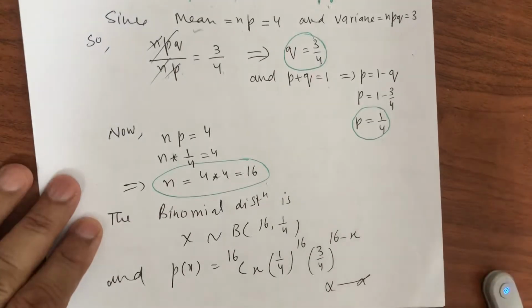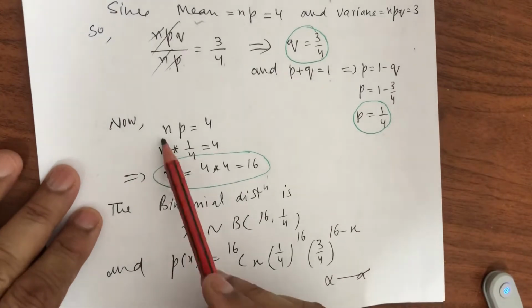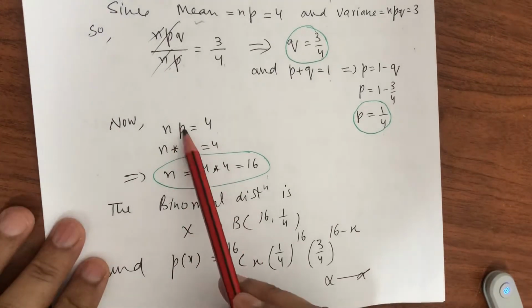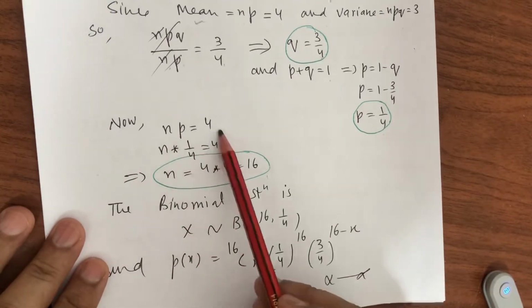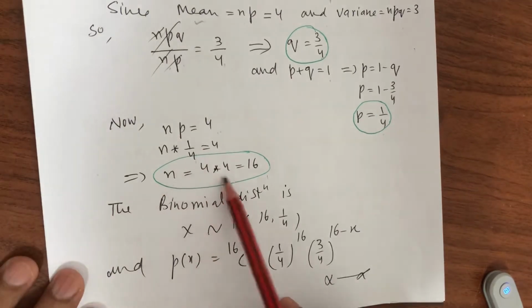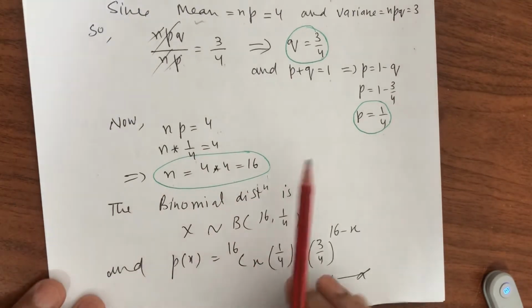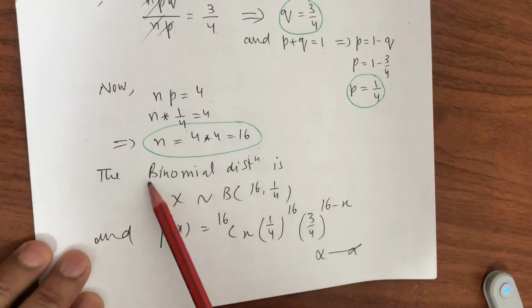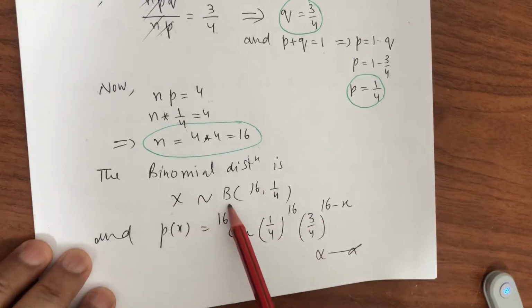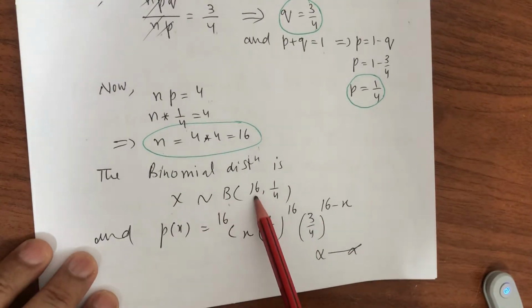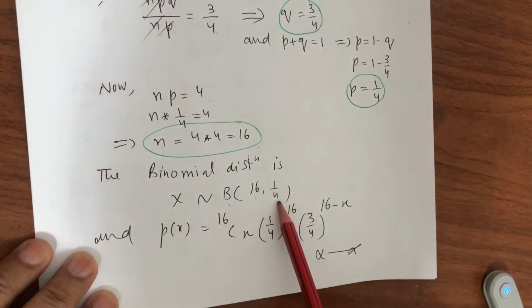Now we got p. Now we need n. Because np is 4, and we calculated p is 1 by 4, this expression will give me n equal 4 multiplied by 4, which is 16. Now I can find the relation. The binomial distribution is X follows B(16, 1/4).